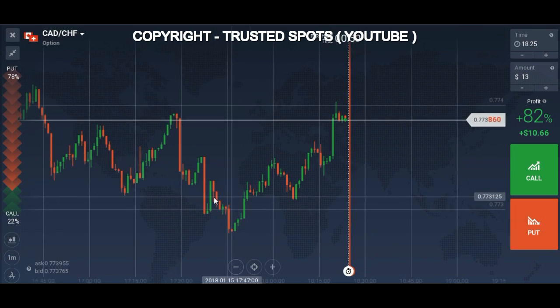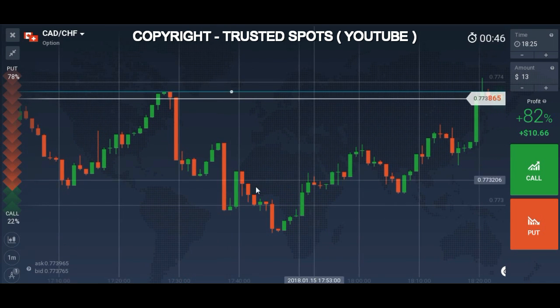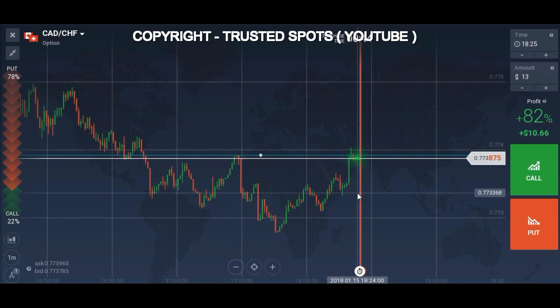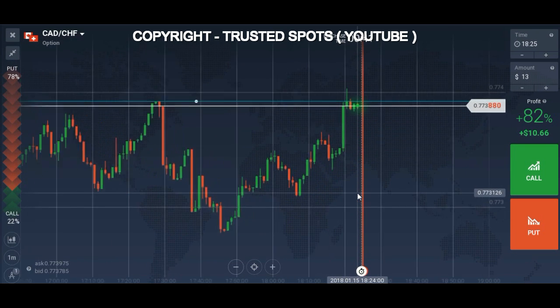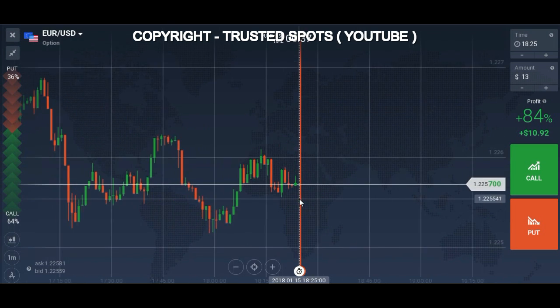I think we have missed the trading opportunity here. It was an extreme level. Yes, it worked here. So no problem. We will wait for the next opportunity.